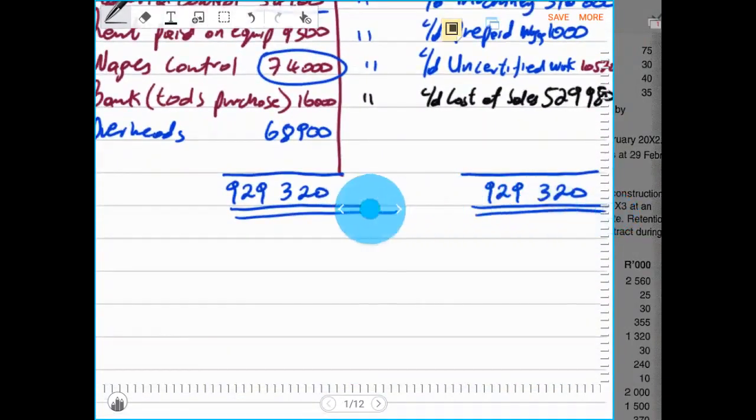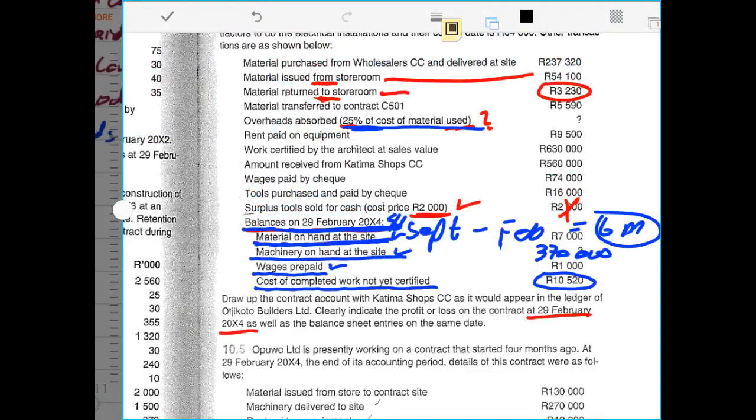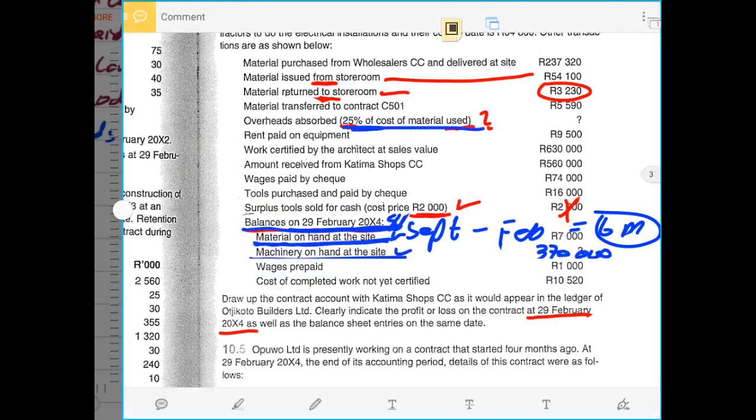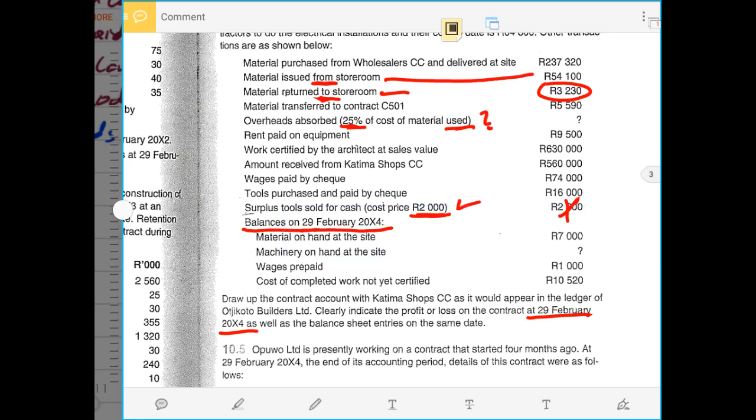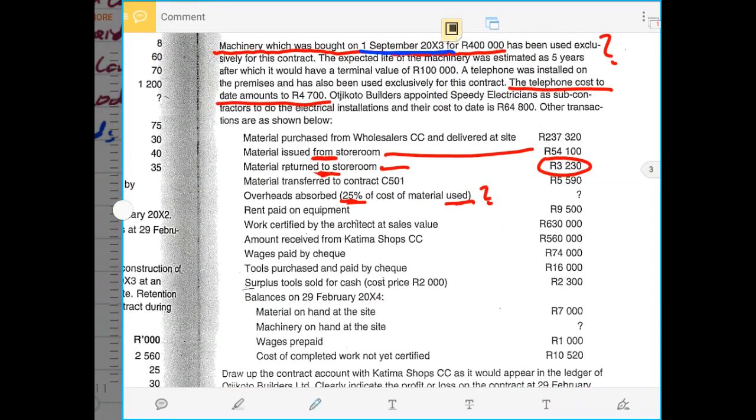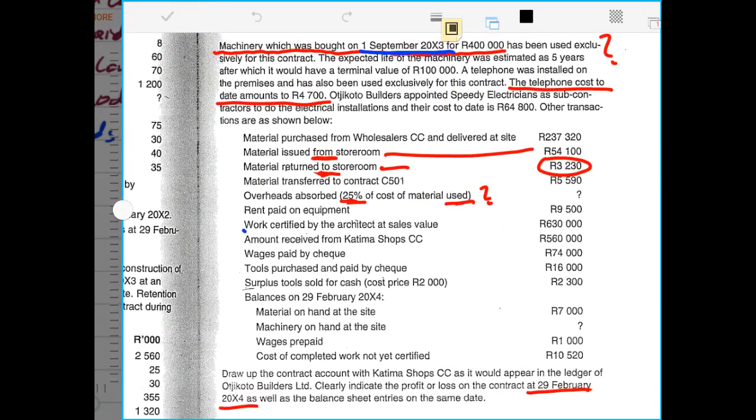Remember, not the price of the contract, but the value of the work that was completed, the value of the work that was certified. We record that on the credit side because this is what we're supposed to receive for the work that we have completed and certified. Work certified by the architect, sales value is 630,000 rands.